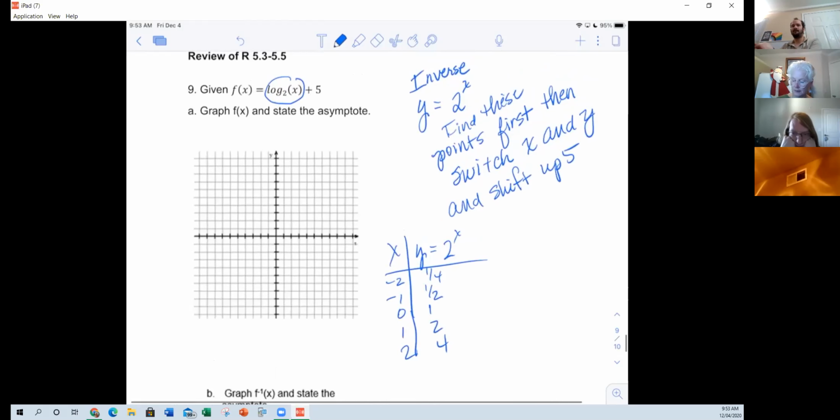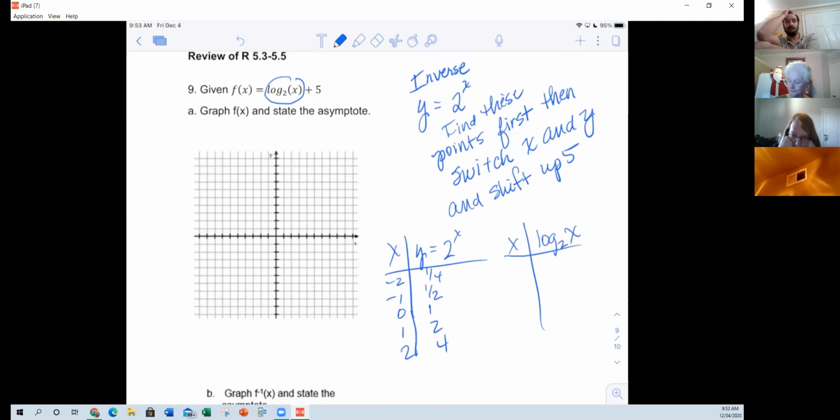So if I switch those, 1/4 becomes -2, 1/2 becomes -1, 1 becomes 0, 2 becomes 1, 4 becomes 2.